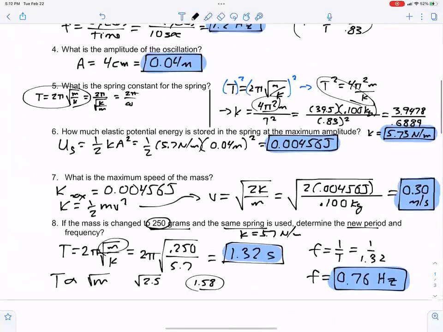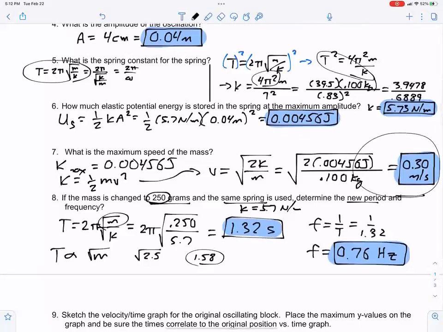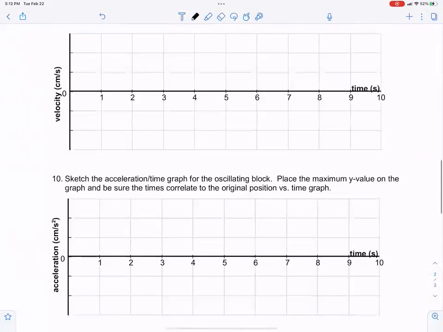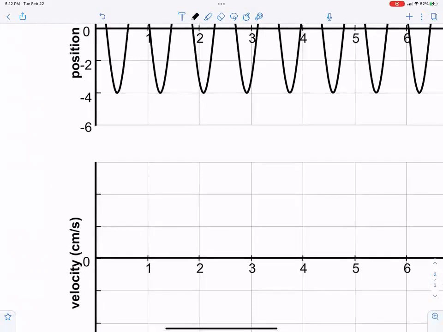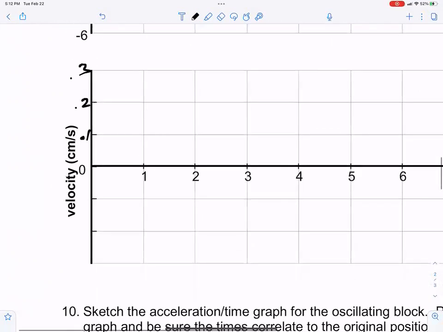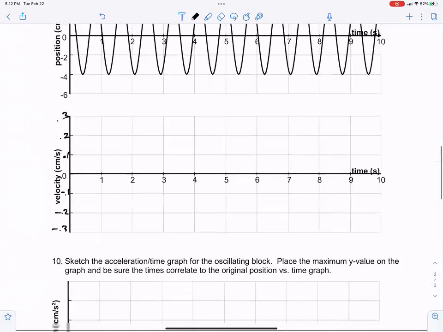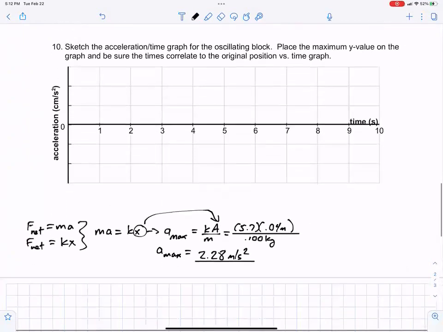If you remember, our maximum velocity was 0.3. So we could actually plot that by going 0.1, 0.2, 0.3, negative 0.1, negative 0.2, negative 0.3. For our final graph, I could use a scale that goes 1, 2, 3.